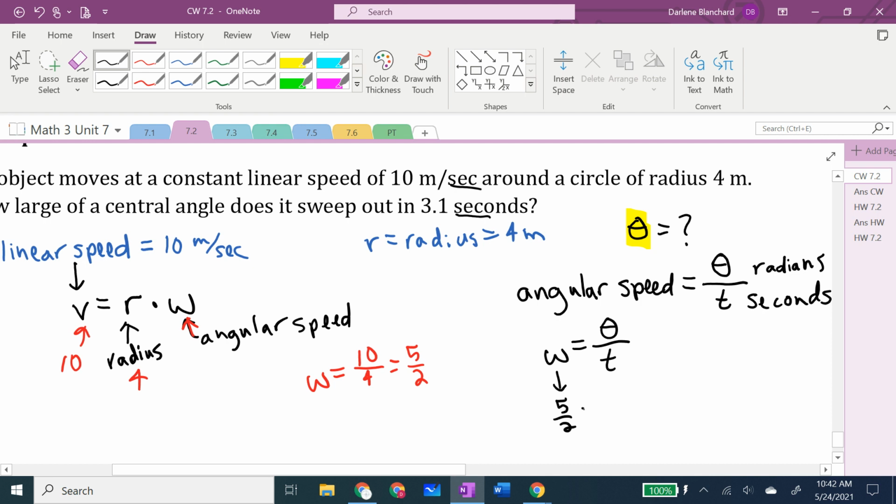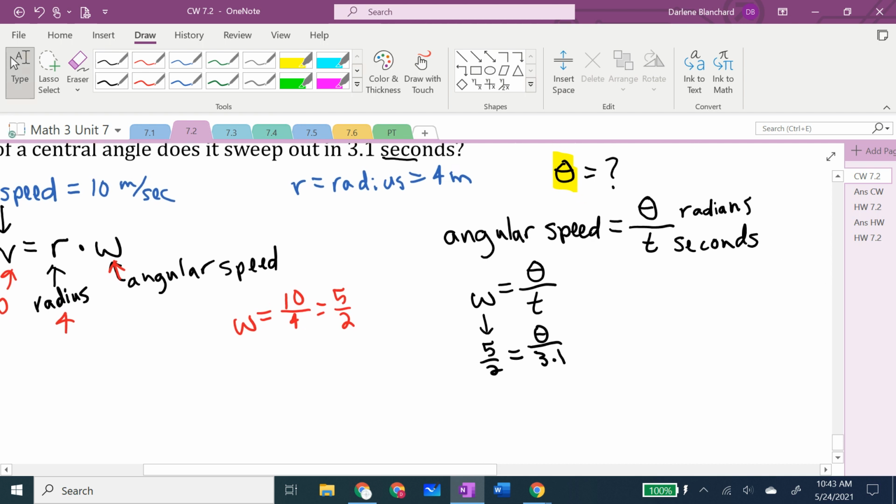So 5/2 is equal to, I'm trying to find theta, and the amount of time is 3.1 seconds. So basically I have 5 halves, which is 2.5, multiplied by 3.1, and that's going to tell me my angle.